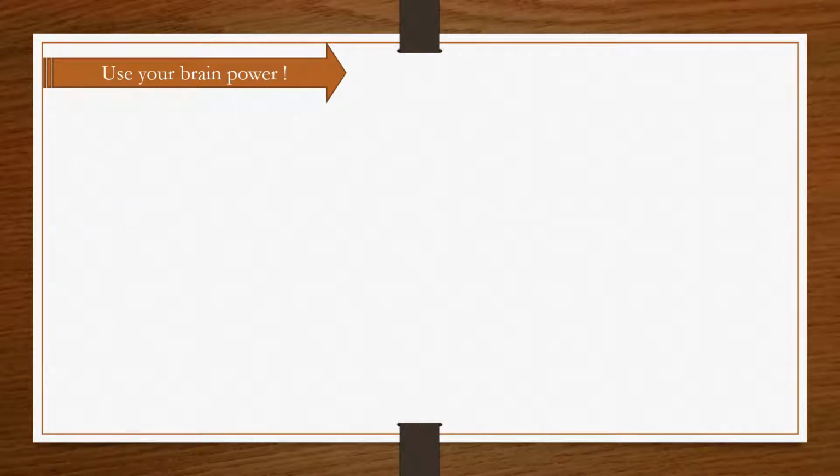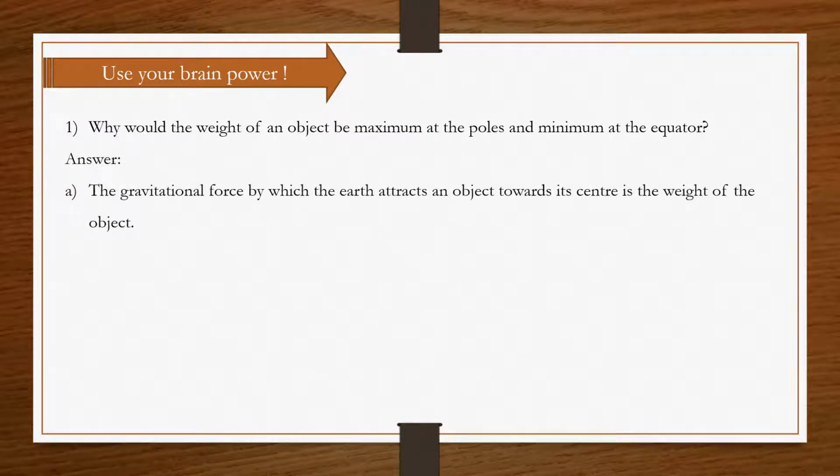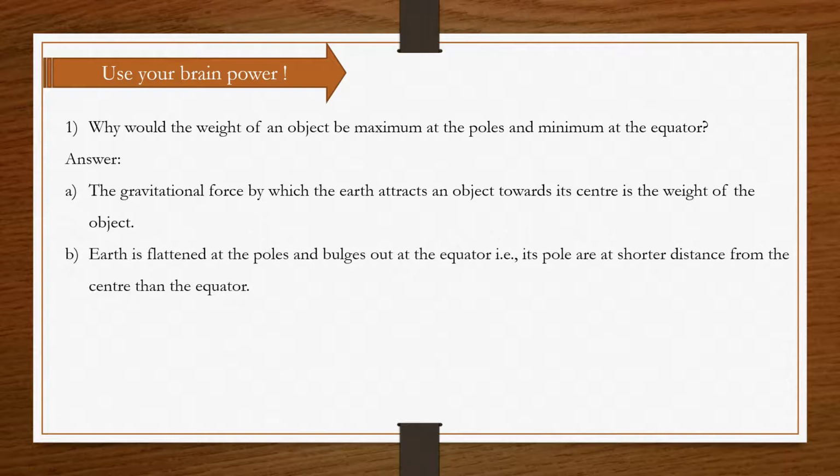Now students, use your brain power to answer this question: why would the weight of an object be maximum at the poles and minimum at the equator? The gravitational force by which the earth attracts an object towards its center is the weight of the object, and the earth is flattened at the poles and bulges out at the equator.